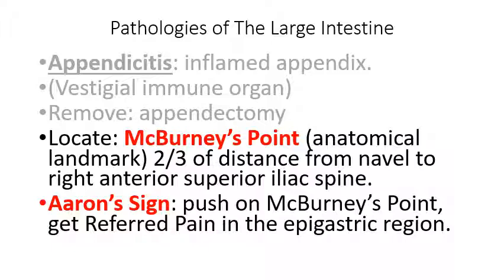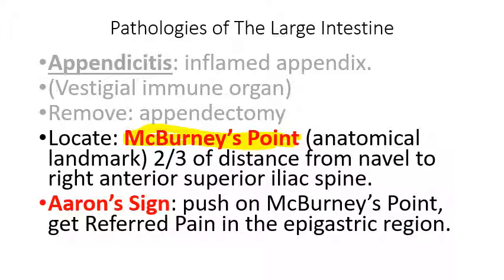The appendix happens to be located at McBurney's point. So I mentioned that there are a few anatomical landmarks that we're going to learn the names of in this course. McBurney's point is located 2/3 of the distance, if you draw a line between the navel and the right anterior superior iliac spine.